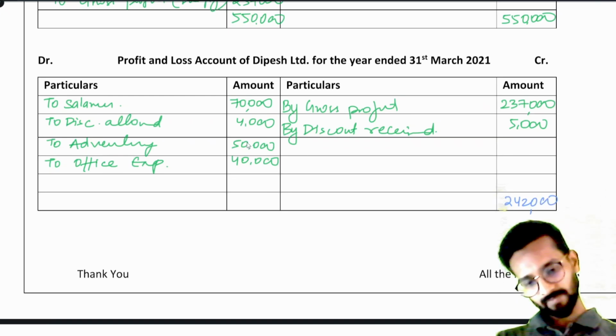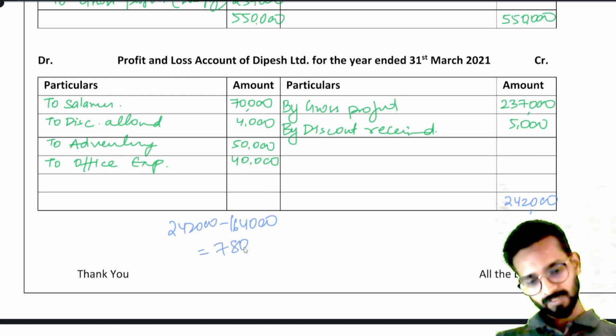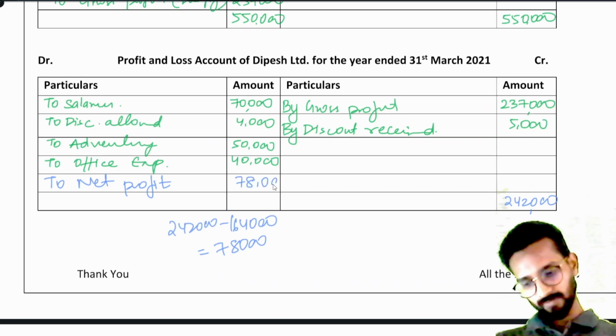And the total of the other side is 70, 50, 120, 164. This is 164, this is 242. So 2,42,000 minus 1,64,000 gives you 78,000. That is nothing but your net profit, because P&L gives me net profit or net loss, that is 78,000.